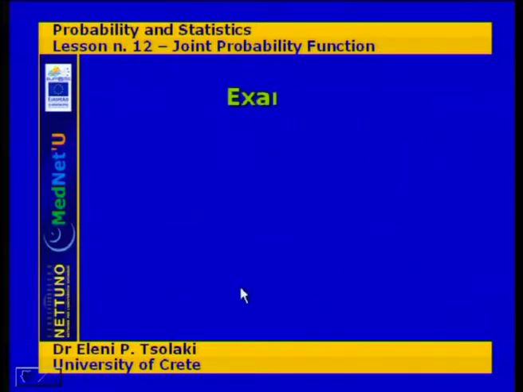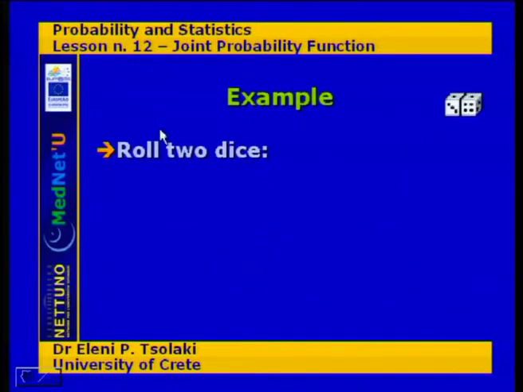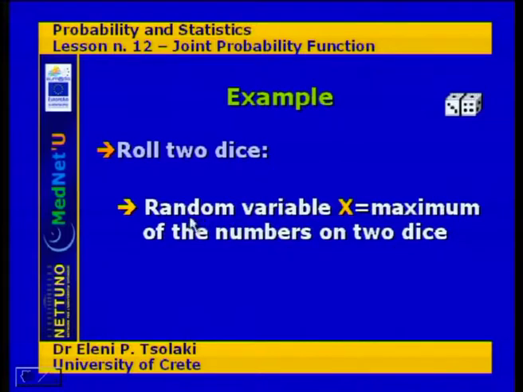Let's see an example for the discrete case. We roll two dice, and by x we denote the random variable which is the maximum of the numbers on the two dice.